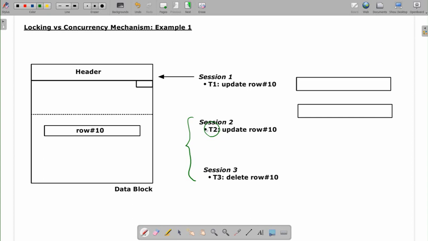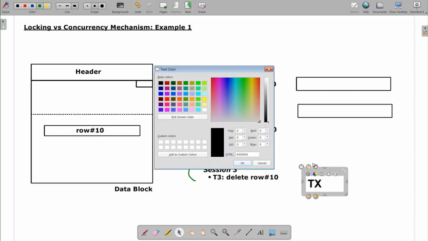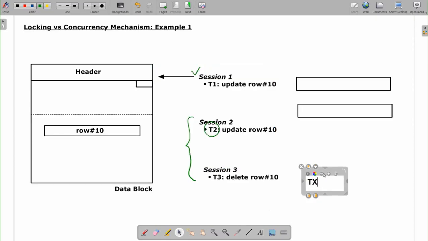In this example, it doesn't show which session must be served first and which next. But behind the scene, we use the enqueue mechanism. For example, when session 1 requested a row for a transaction, behind the scene, we had to acquire a transaction lock and also a share table lock.